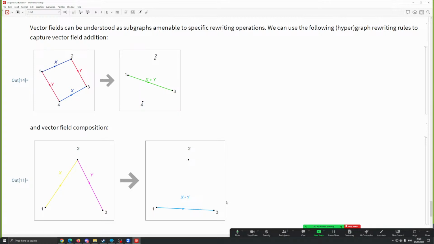So the vector fields are labeled by their name. That's x12, the name of the edge, right? So that x12 only matches with y23, and that makes Z13, right?